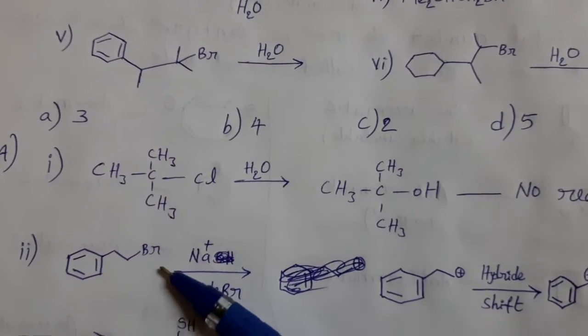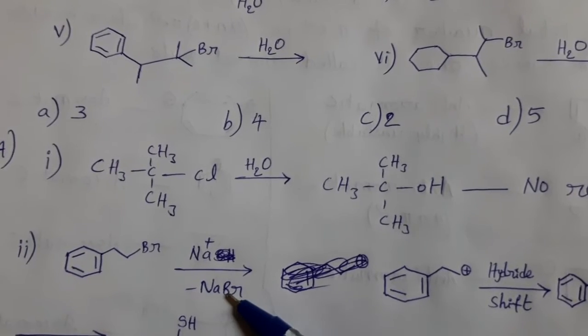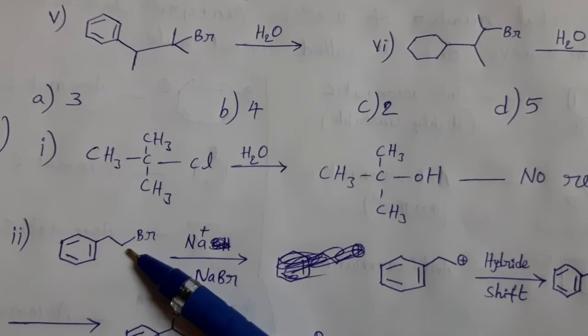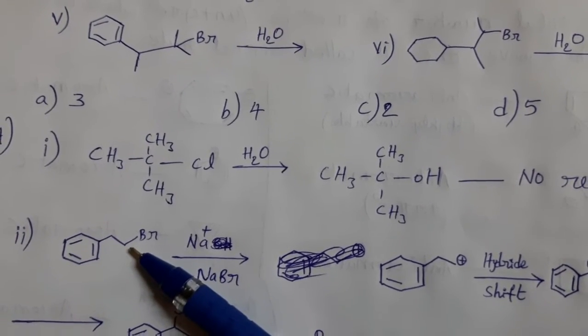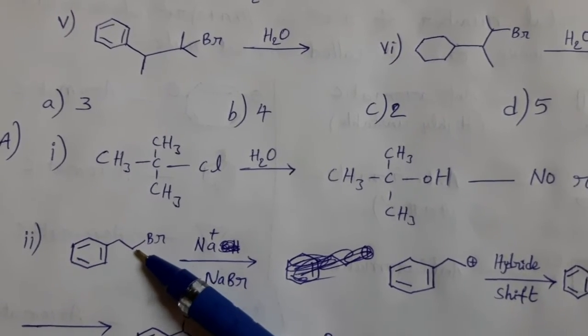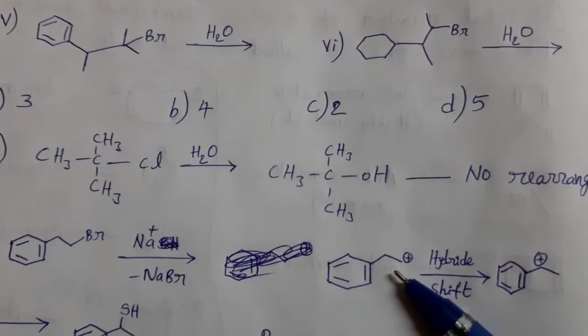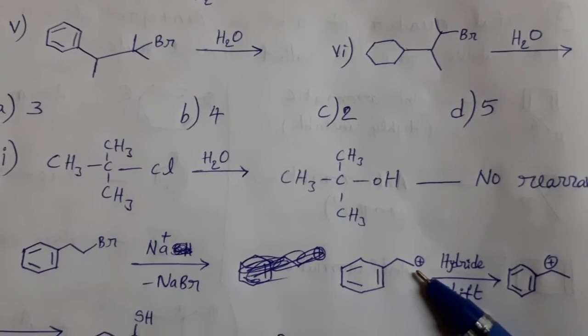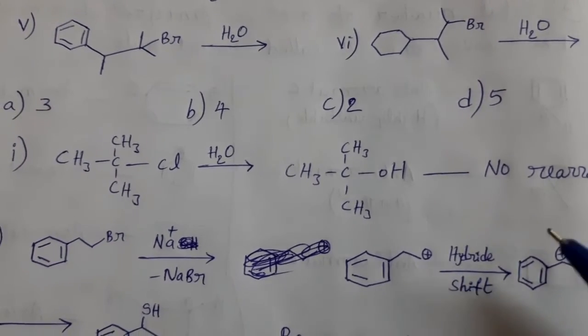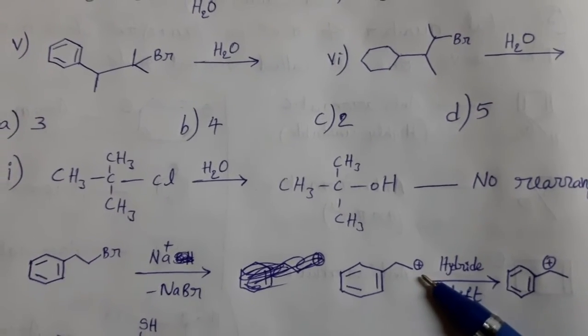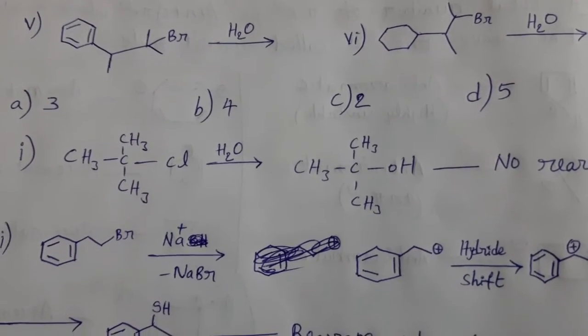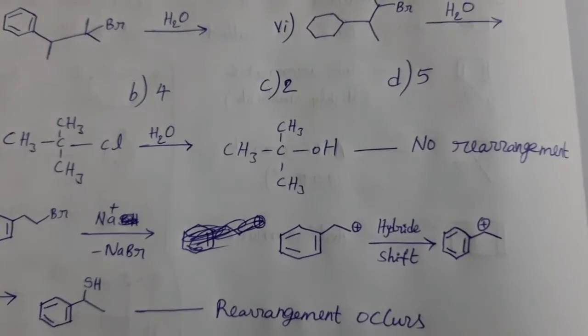Initially Na plus combines with this bromine and is removed as NaBr. Then we can get a carbocation, positively charged carbon developed at this position. That is this one. It is a tertiary carbocation because this positively charged carbon is bonded with one other carbon.